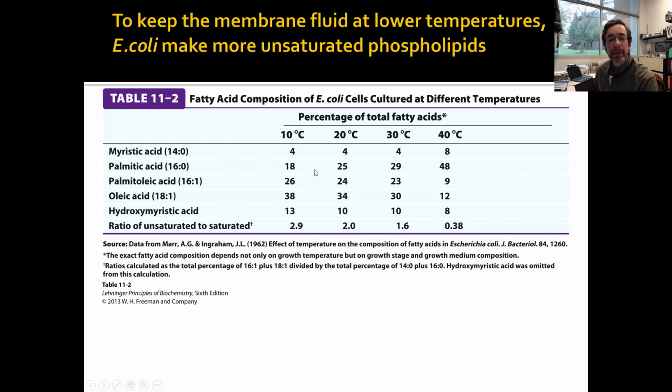If you look up and down this right here, you have basically the proportion between 16.0, 16.1, and 18.1. And as you move from 10 degrees, you're going to see that you have more of the 16.1 and 18.1 at 10 degrees than you do at 40 degrees. At 40 degrees, you have a lot of the 16.0.